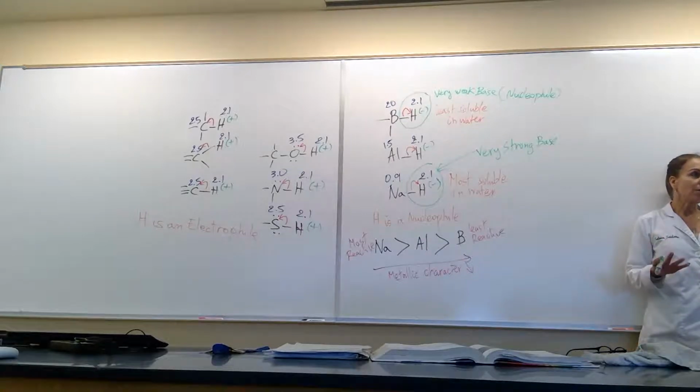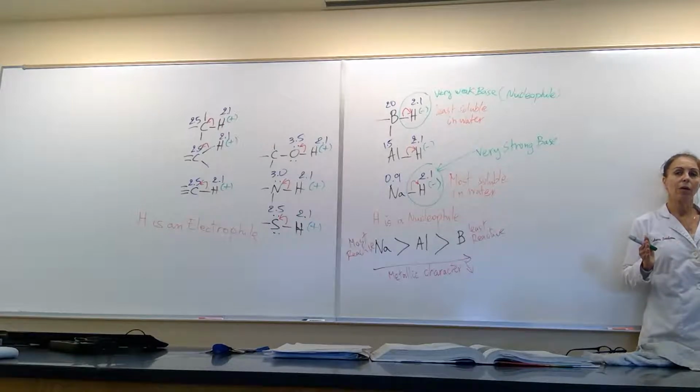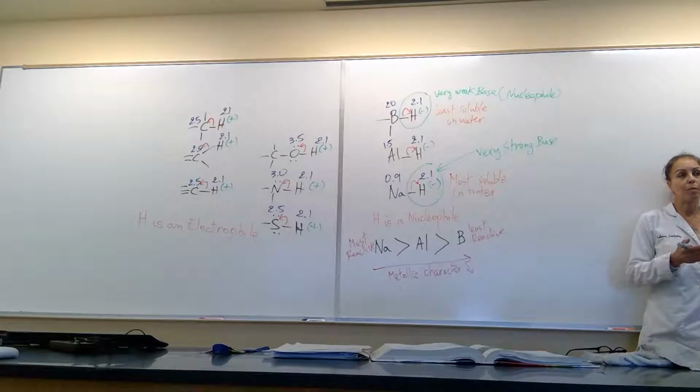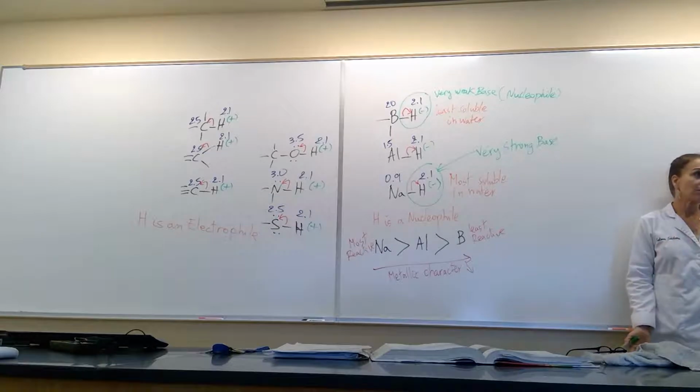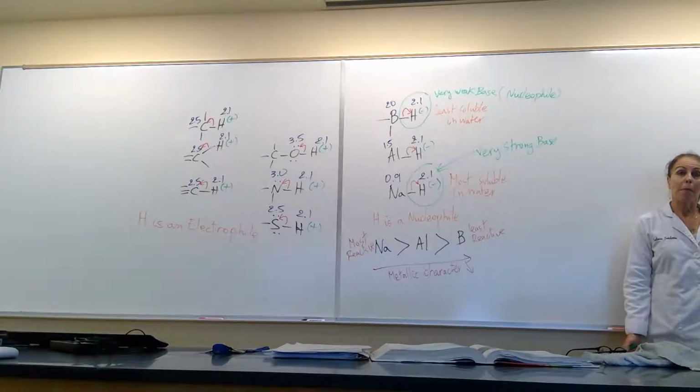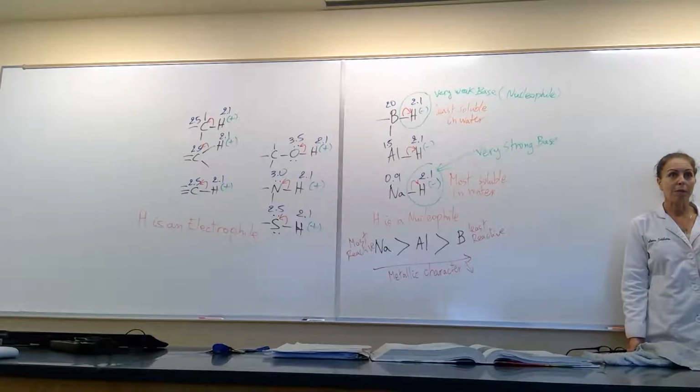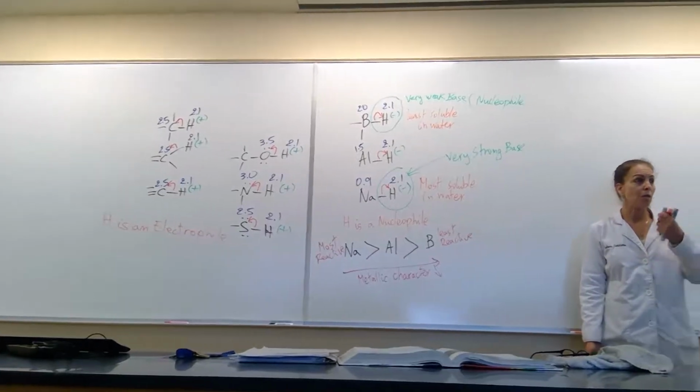So that's the major difference. If we're thinking of a substance as a Lewis acid, we call it an electrophile. If we think of it as a Lewis base, we call it a nucleophile. Why? Because there is an exchange of electrons. But if we call it a base or an acid, there is an exchange of H+. Is everybody understanding? This is the terminology in organic chem.